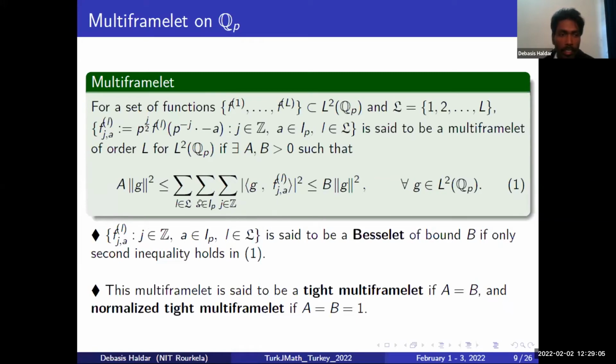And this multiframelet is said to be a tight multiframelet if we can choose a equals b, and it is said to be a normalized tight multiframelet if we can choose a equals b equals 1. Here this a is said to be the lower multiframelet bound, and b is said to be the upper multiframelet bound.